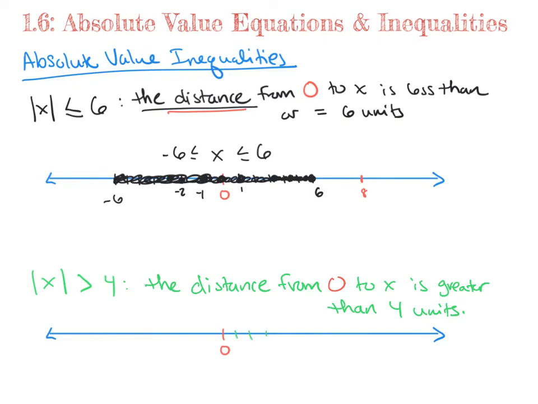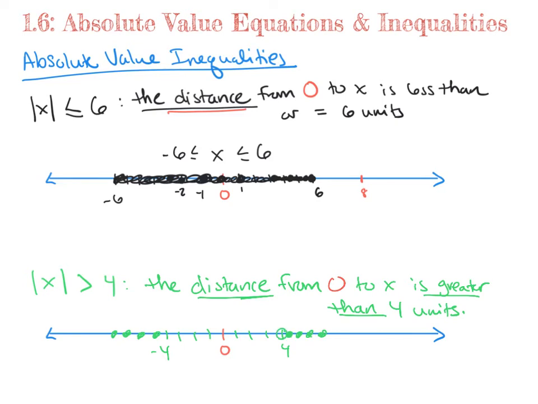So 1, 2, 3, 4. There's 4 units away, but the distance has to be greater than 4 units. So all of these x's would be out here. They would be further away from 0 than 4 units.